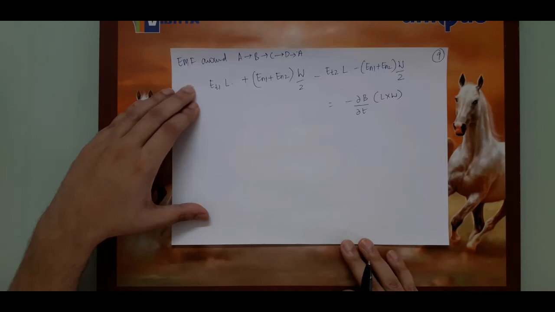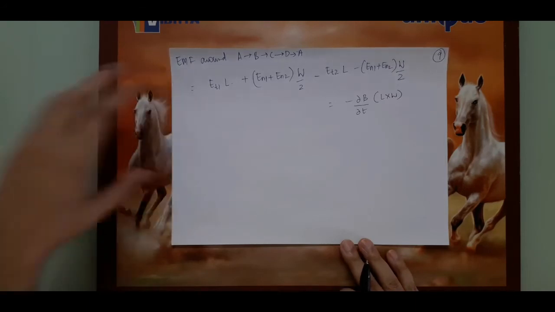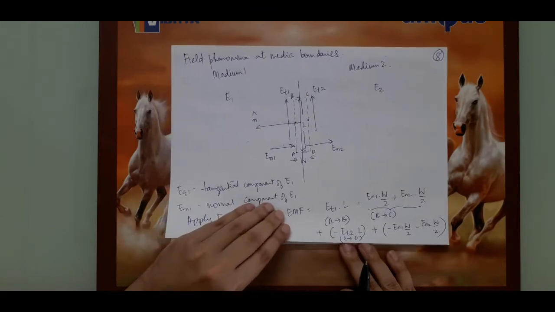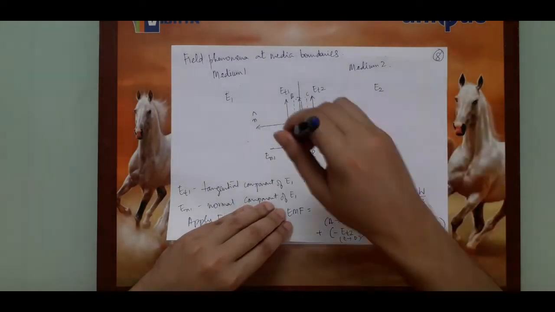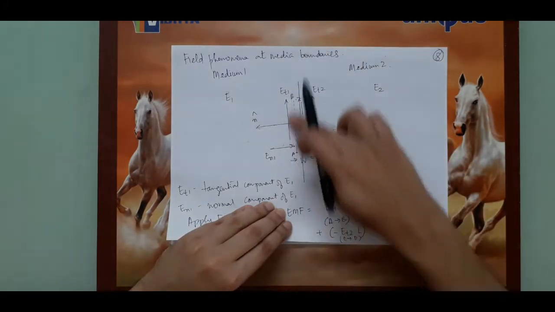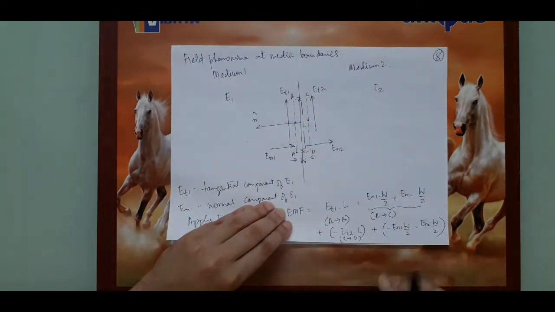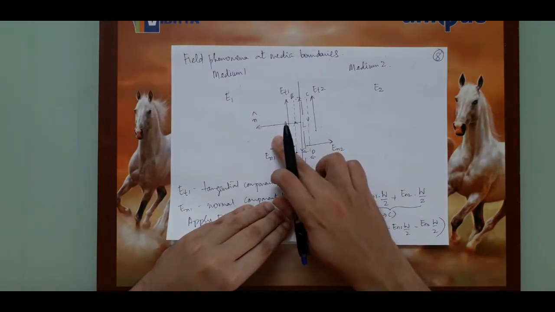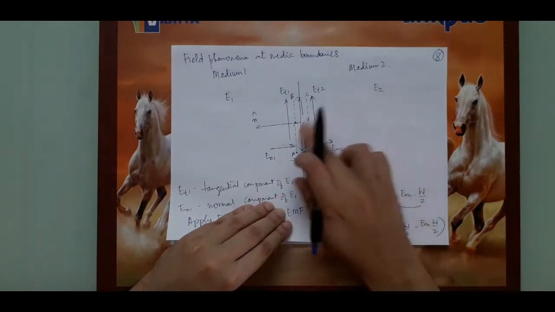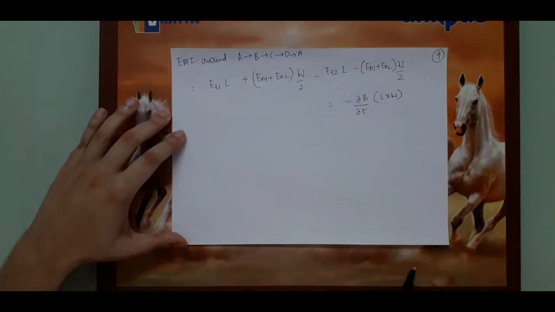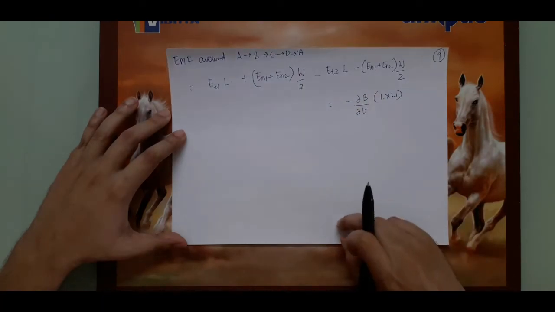We have not defined B. B is the magnetic flux density which will be perpendicular to the area. So that is either going in or coming out. It could be any one of those, we are not really concerned. What may happen is in medium 1, B may be equal to B1 and in medium 2, B may be equal to B2. But right now we are not very much bothered. We can define it definitely as some function of B1 and B2.